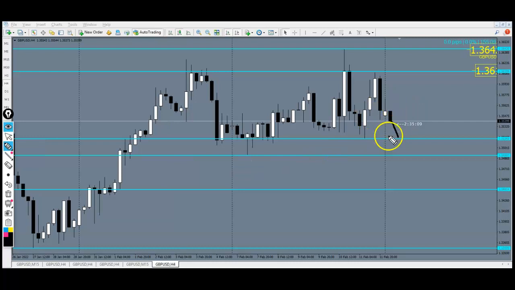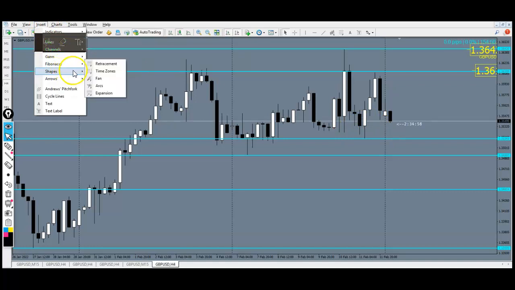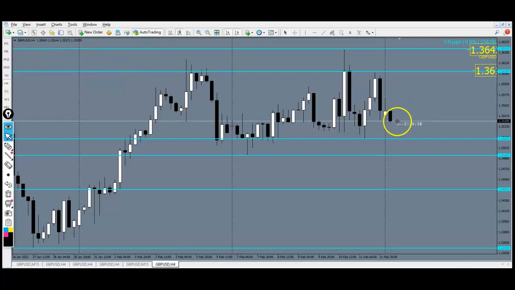For us to take any trade here, a sell is a risky one. And why do we say it's risky? Because we have a lot of support around here. So what we anticipate is that price comes down here and then shoots back up.